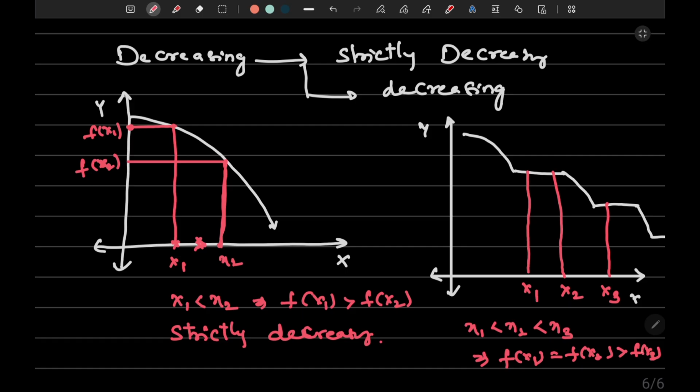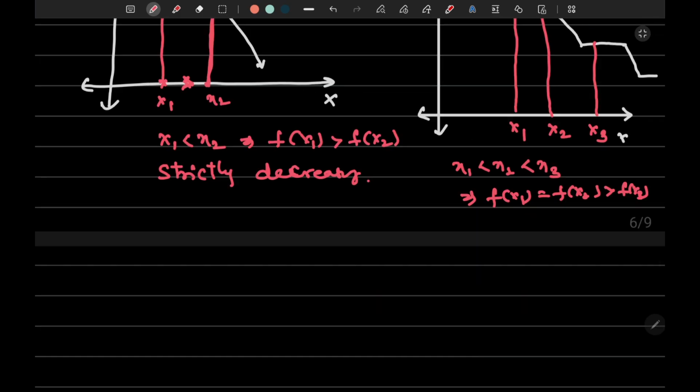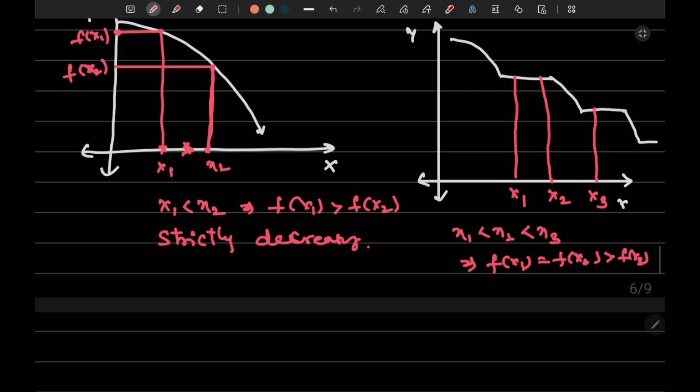The function values f of x1 and f of x2 are the same, and f of x3 is smaller. Okay?